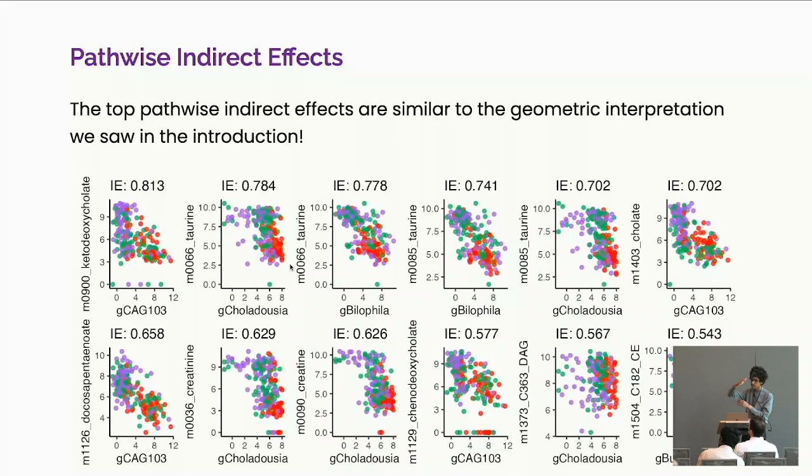For a given value of the x-axis, the mediator, there's not much change in the healthy versus disease. But you see a really strong relationship between the mediator variable and the outcome variable, and the value of the mediator is changing across healthy and disease. So this is exactly what we can have in mind as an indirect effect, showing up now in this data integration problem from the microbiome.